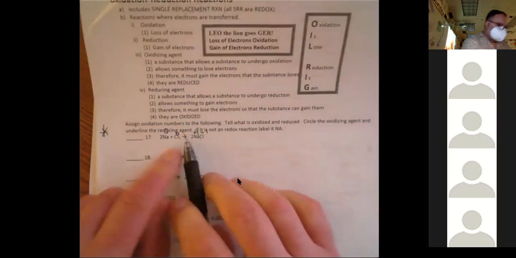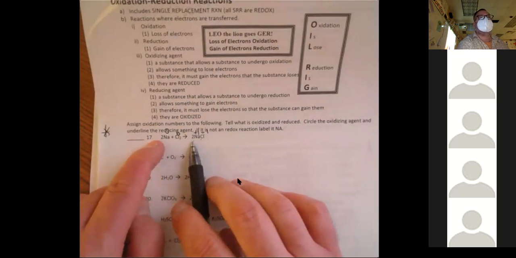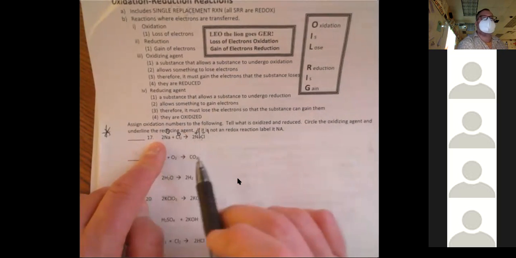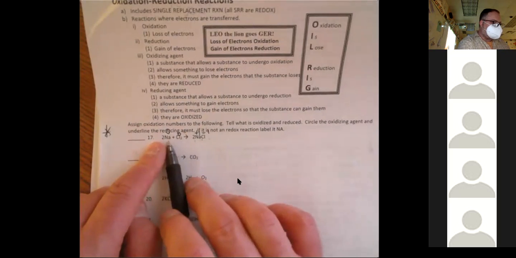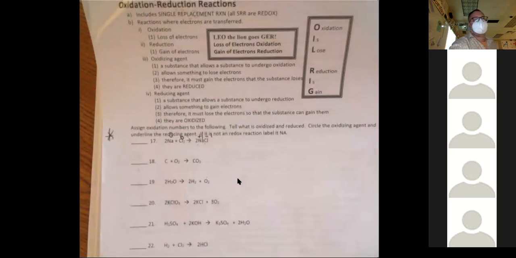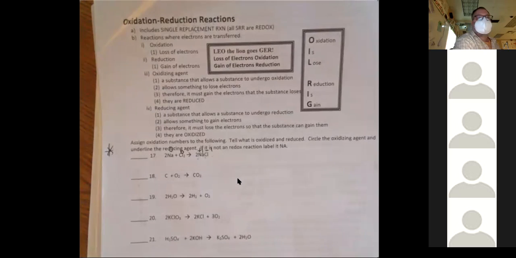Notice when it comes to oxidation numbers, our coefficients do not matter, because we get to the answer, say, okay, it's 2 and -2, but we don't even have to think about it because it fixes itself. Sodium went from 0 to plus, and chlorine went from 0 to minus.